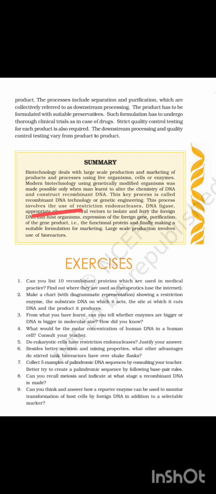This process involves the use of restriction endonucleases, DNA ligase, and an appropriate plasmid or viral vector to isolate and ferry the foreign DNA into the host organism, expression of the foreign gene, purification of the gene product, the functional protein, and finally making a suitable formulation for marketing. Large scale production involves the use of bioreactors.